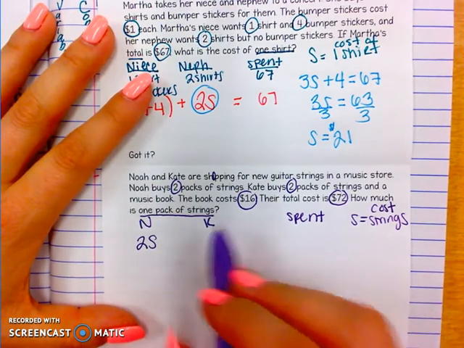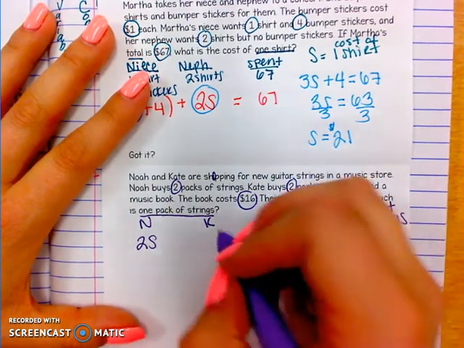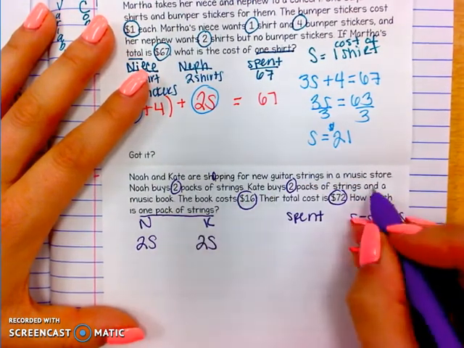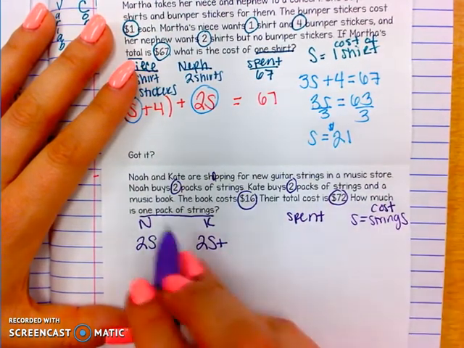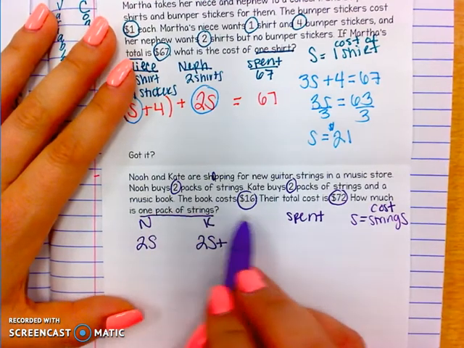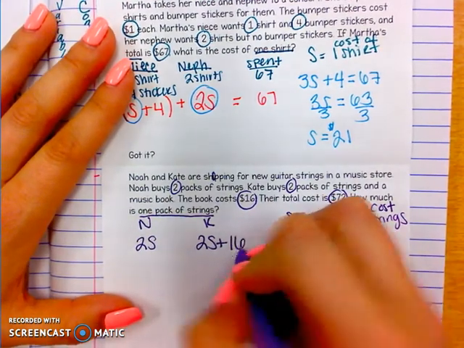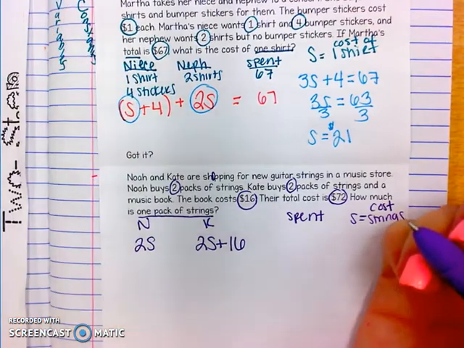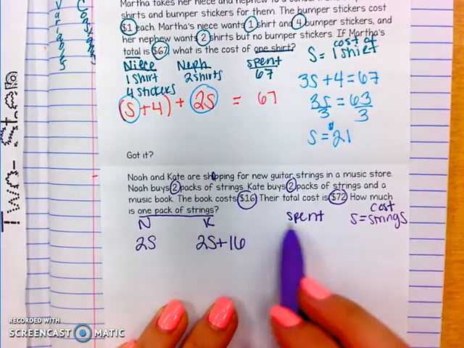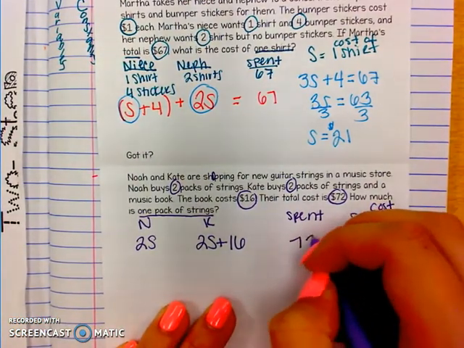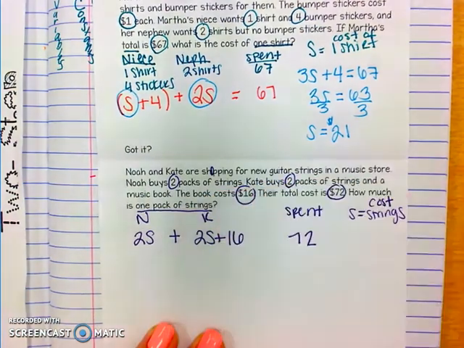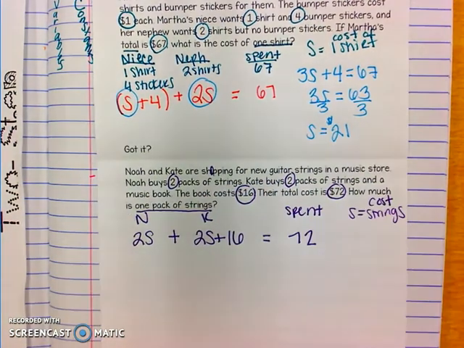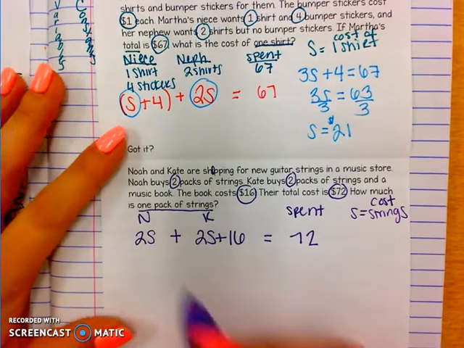Kate buys 2 packs of strings, so 2s, and, meaning the plus word, a music book, but the music book cost $16, so I can just go ahead and put what Kate spent was also that $16, and the total cost was $72. And again, since I'm finding that total, I'm adding all of their costs together. There's the addition, and there's my equal sign, because that's how much they spent total.